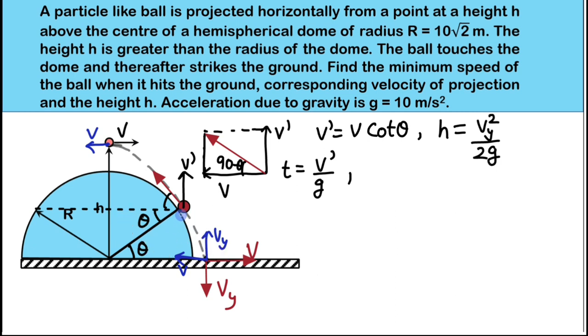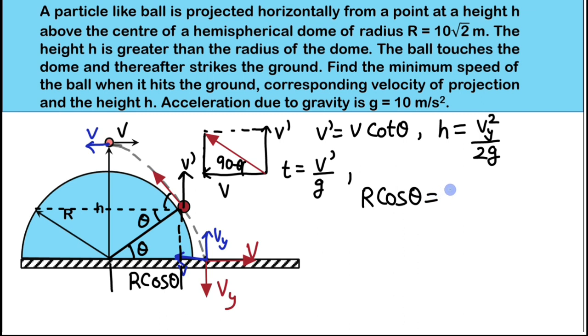And this displacement can be determined in this triangle here, right? So that will be equal to r cos theta, right? So we can write r cos theta will be equal to horizontal velocity multiplied by this time, right?